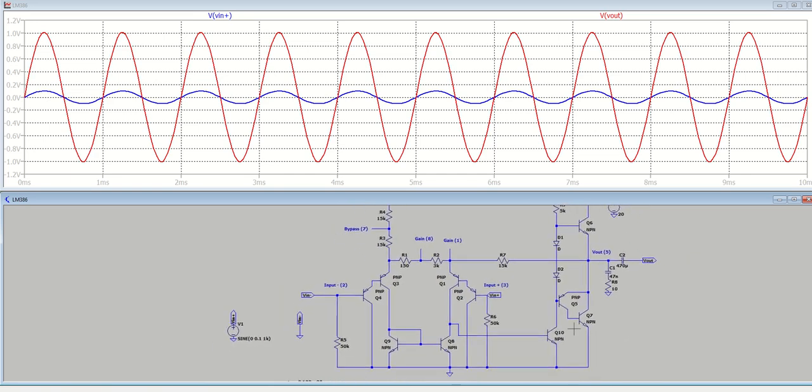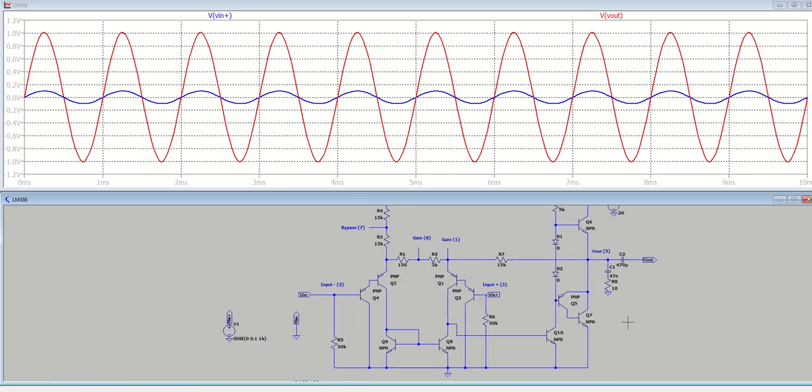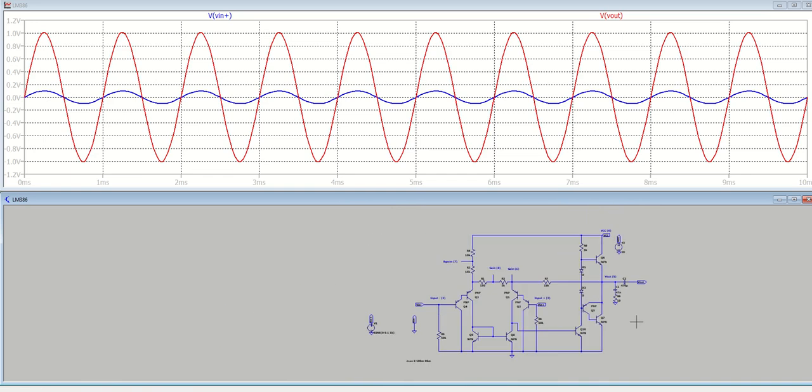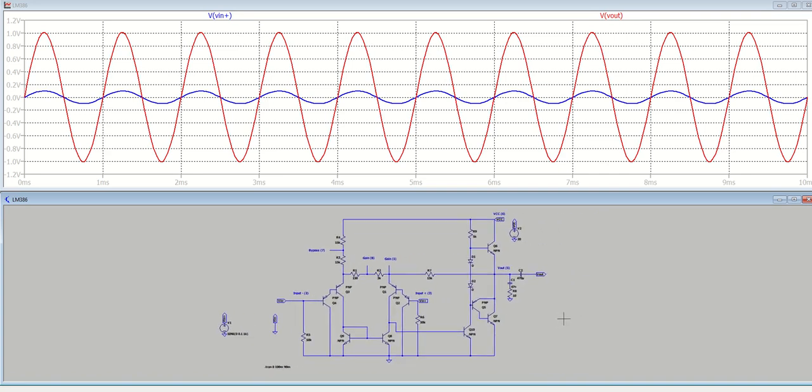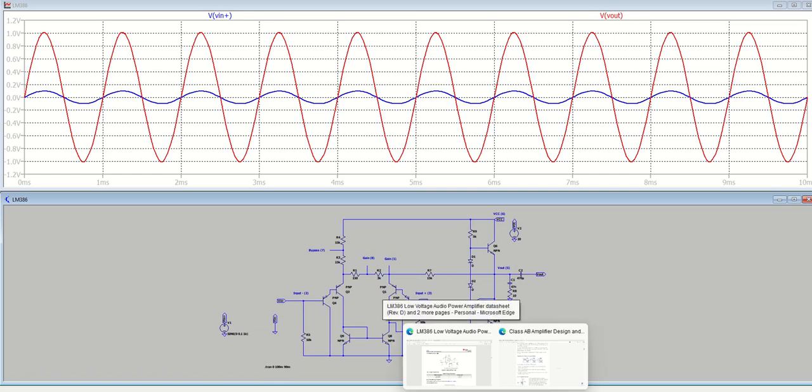And you would still need to research the PNP Sziklai pair. So those are a couple of things. This is just another option, right? This modified LM386.